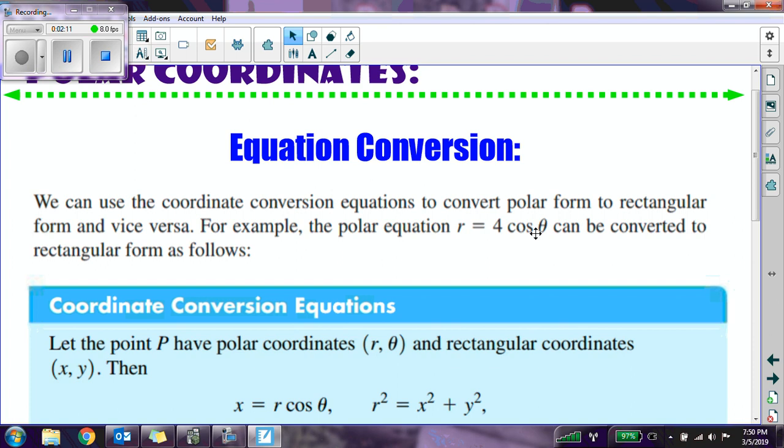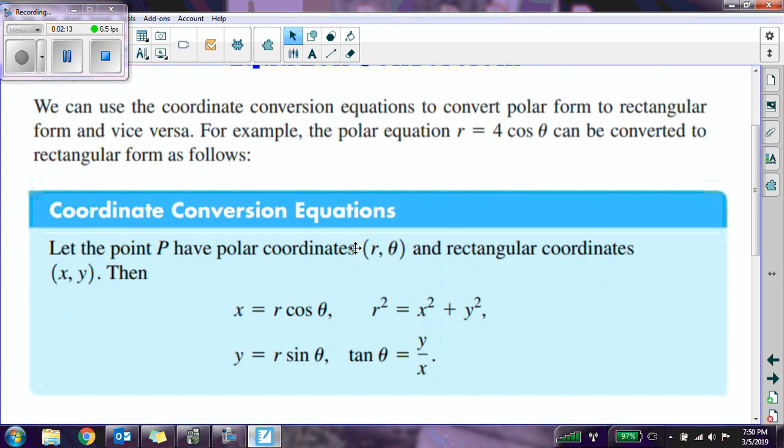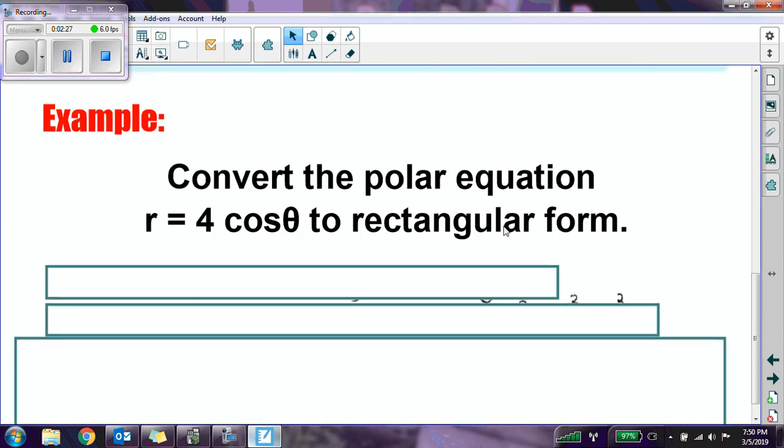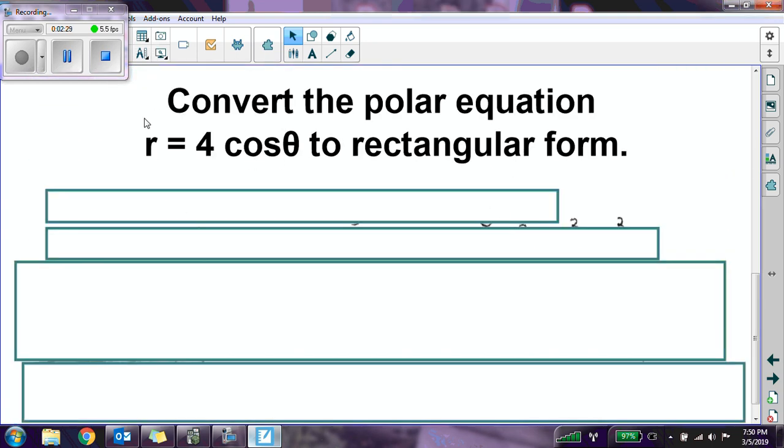We use the same formulas that we use to convert polar points and rectangular points in order to convert between the equations. I'm going to go through this first one step by step and explain how we go from our polar form to our rectangular form, so with y and x being our equation instead of just r and theta.